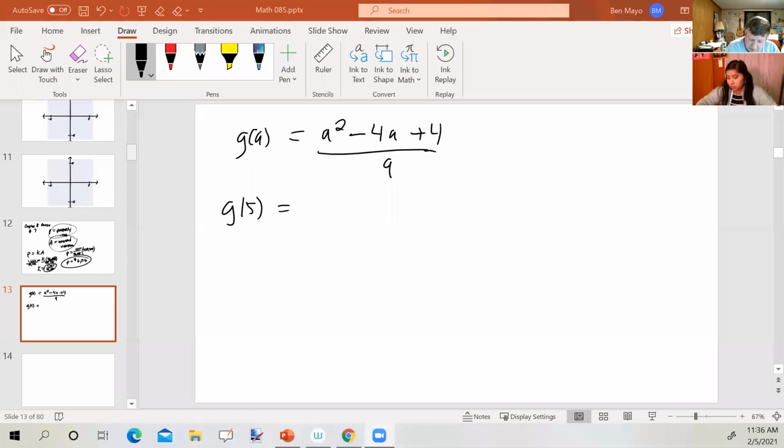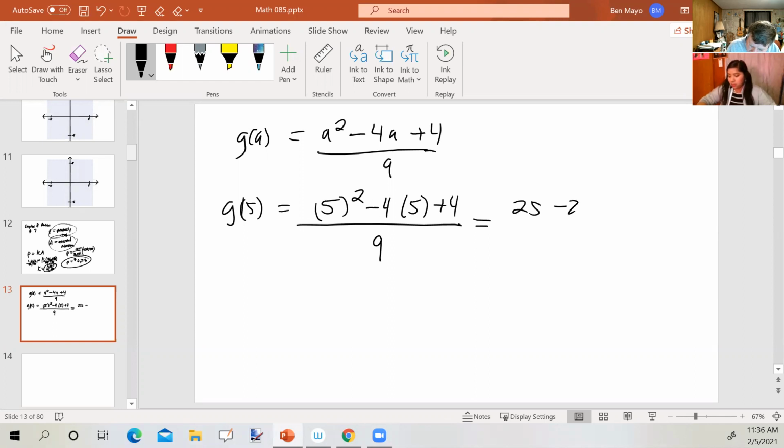Given g of a is a squared minus 4a plus 4 all over 9, g of 5 is going to equal 5 squared minus 4 times 5 plus 4 all over 9, which is 25 minus 20 plus 4 over 9, which is 9 over 9, which is 1.